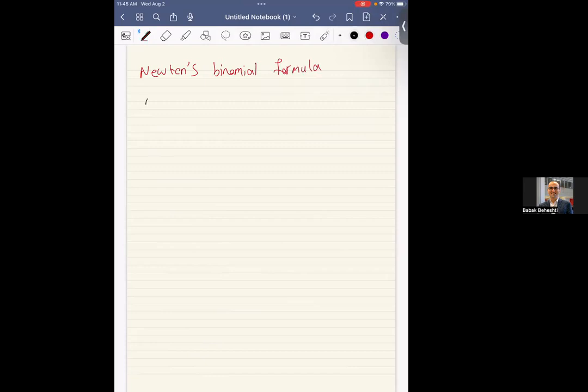So basically, we want to compute (x plus a) to any power n.